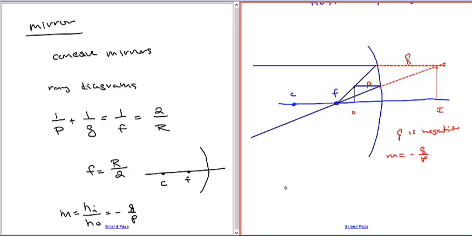So in this case, you get a virtual, upright, enlarged image. And remember, this is your eyeball, sticking your eyeball in there, and you're seeing this larger eyeball. It's also further away so that you can focus on that image.